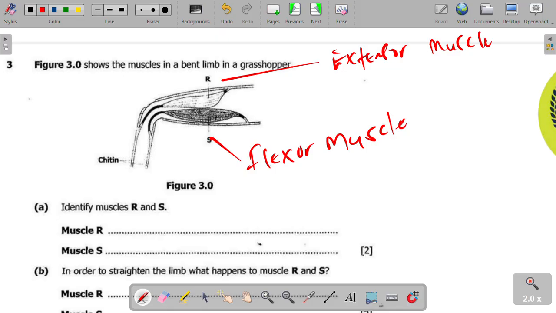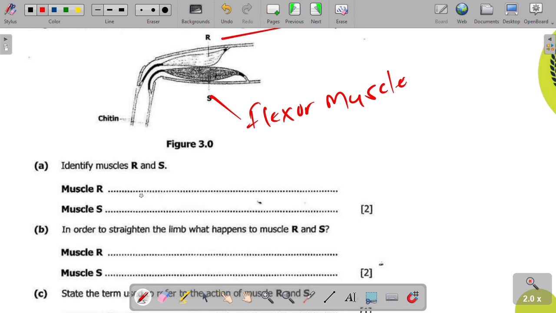Sometimes the examiner will ask you to explain the functions of each. It's very important for you that you know. So R, extensor muscle, and then S is flexor muscle.